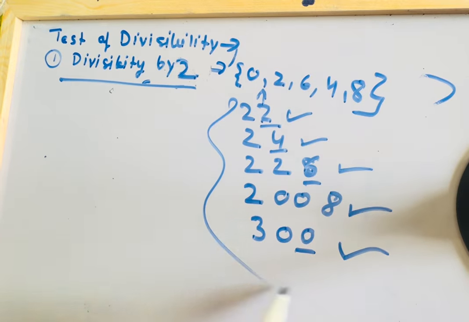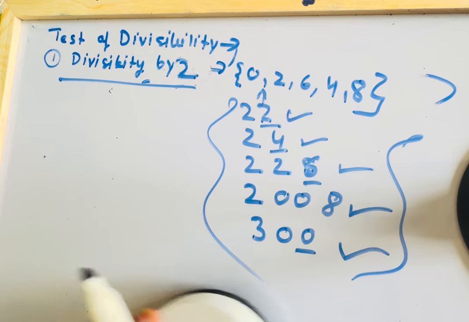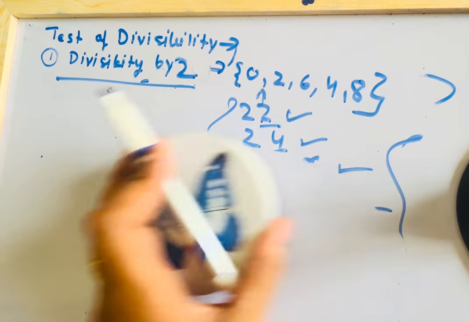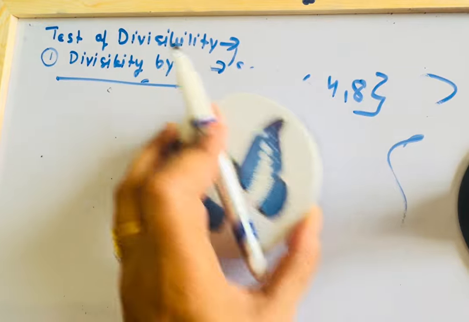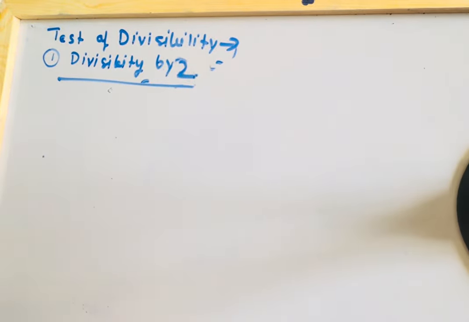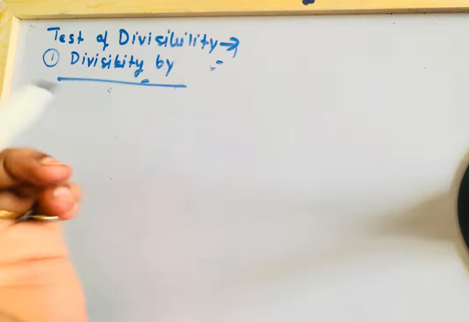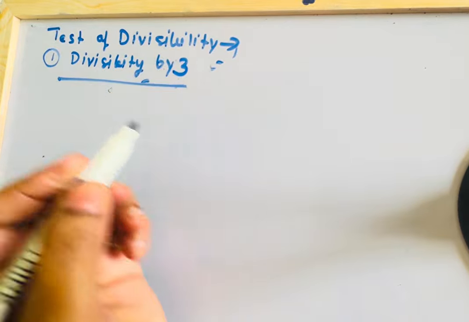It means all these numbers are divisible by 2. Only check the one's digit. If the one's place is 0, 2, 6, 4, or 8, it means that number is divisible by 2.